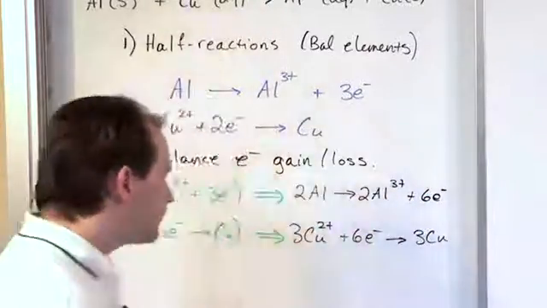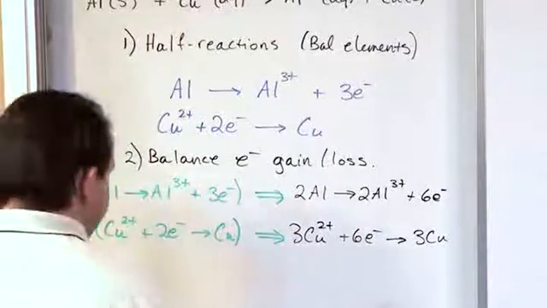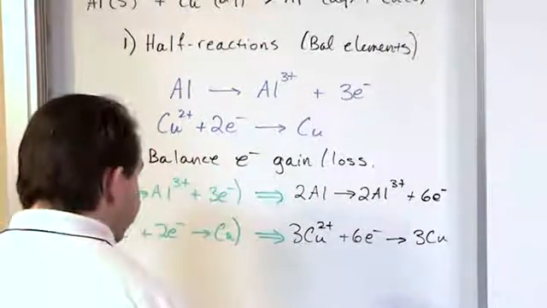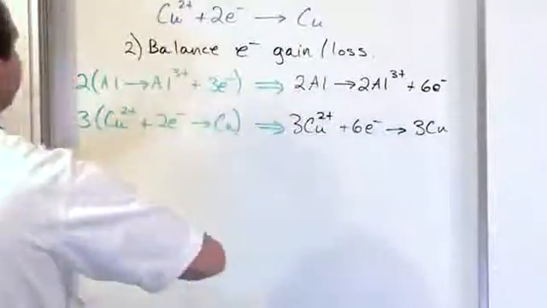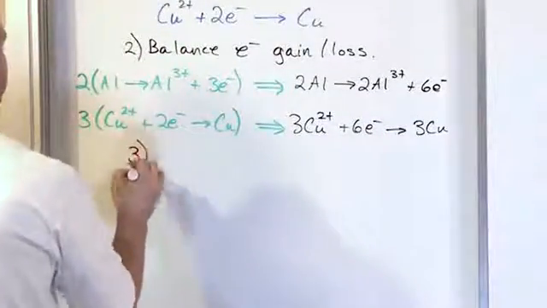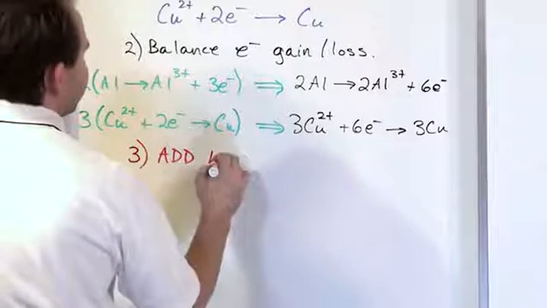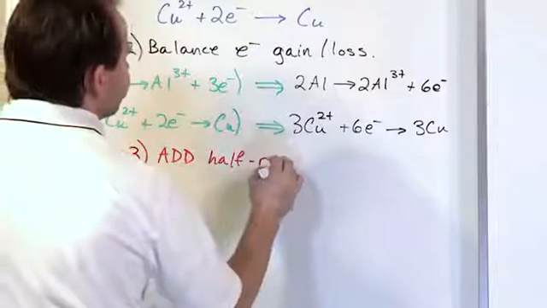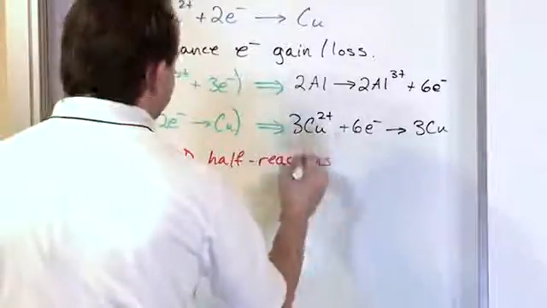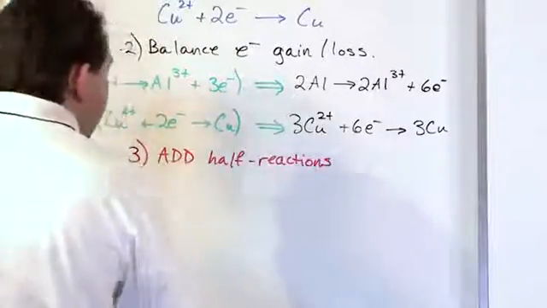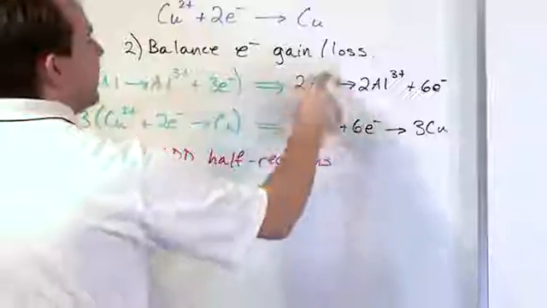So what we do in the next step is, let me switch colors here. Step number 3, okay, we're going to add the half reactions. So what you're going to get is add everything on the left and everything on the right.